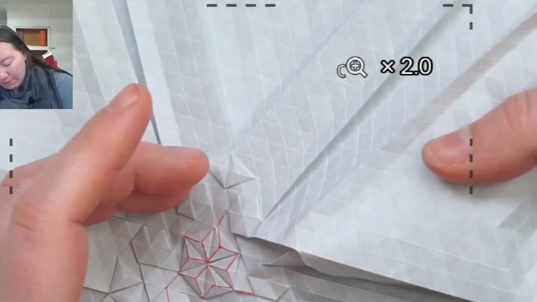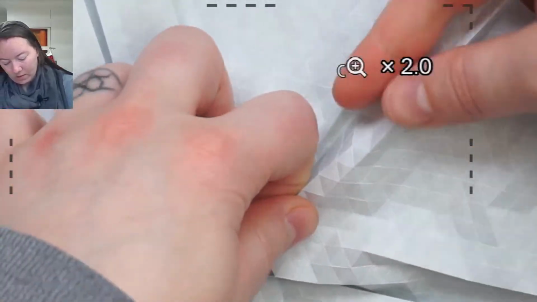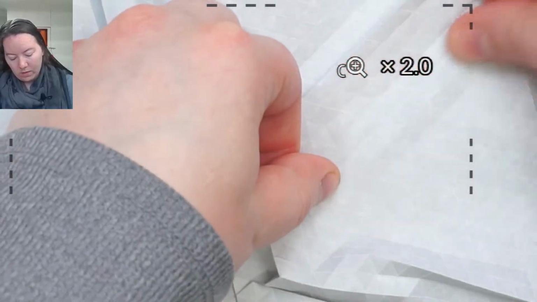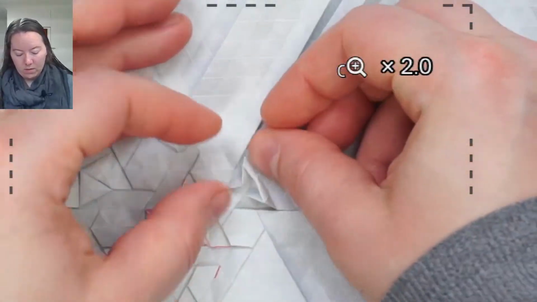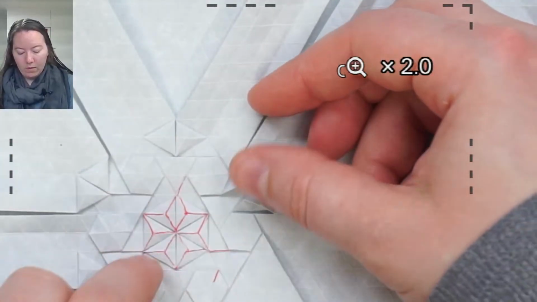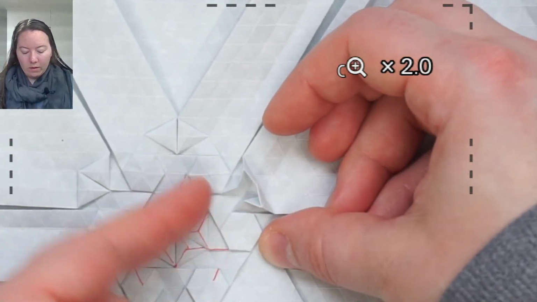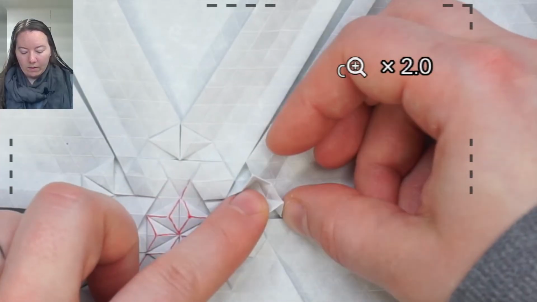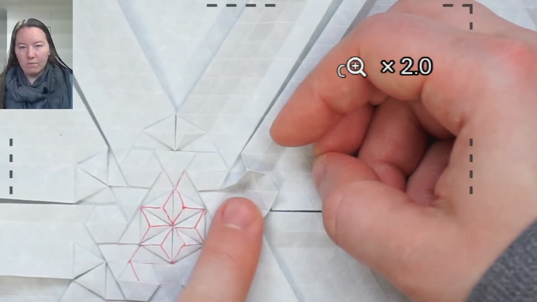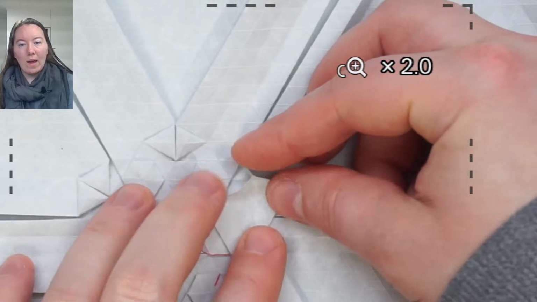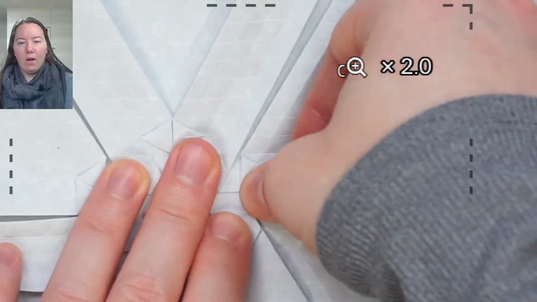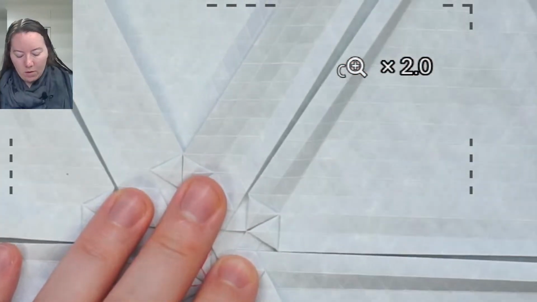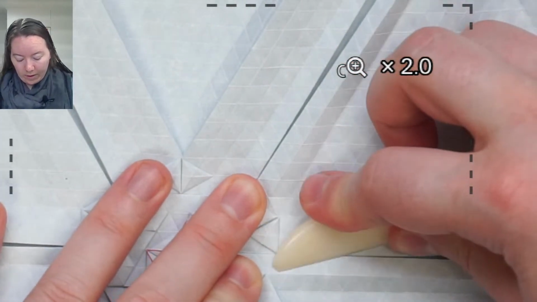So this is the unfriendly one. And really I can flip either of these hexagons in half to get that flap laying out away from the triangle that I'm squashing. Again, the mirror symmetry works in our favor here.